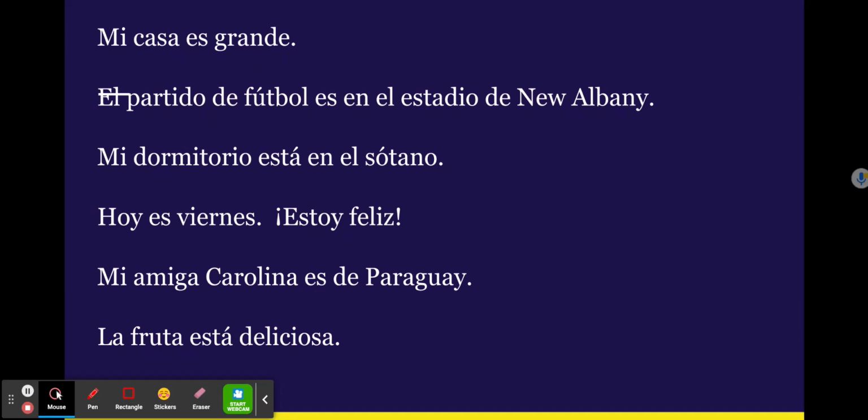Now let's do some practice. Flip your paper over, and I want you to translate these sentences from Spanish to English, and then I want you to tell me why I chose to use a form of ser or a form of estar in my sentence, using one of the reasons on the front of the paper. The first one is done for you.